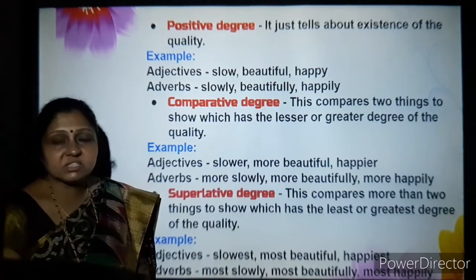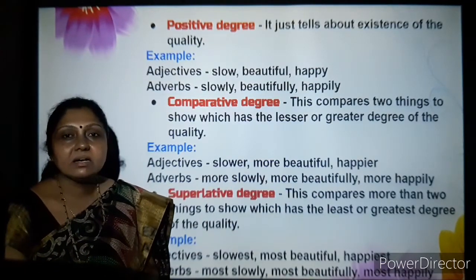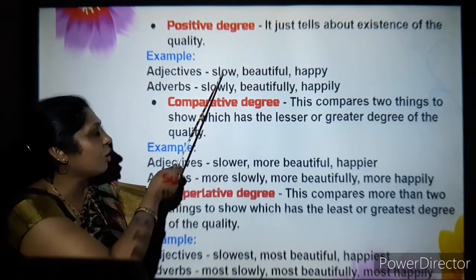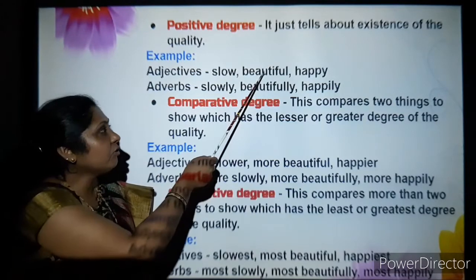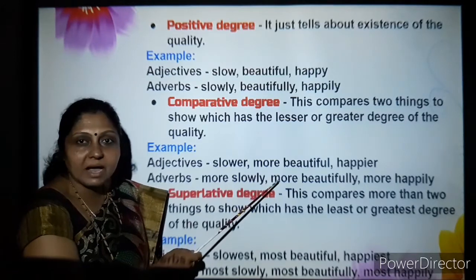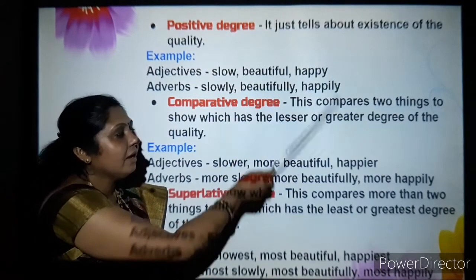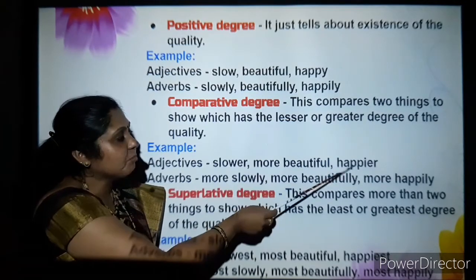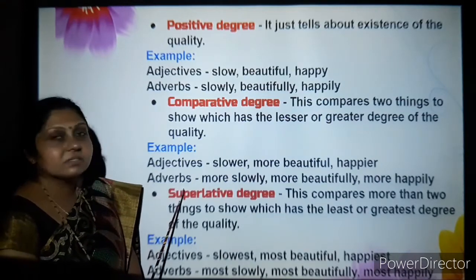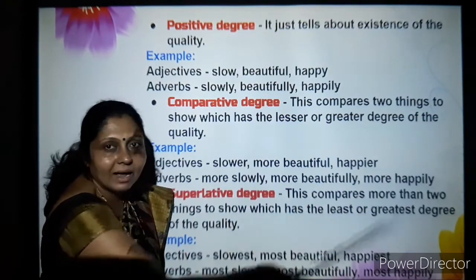One thing you have to see here is that some adjectives cannot be directly changed in form. For example, slow, slower. Beautiful, you cannot put it in this form, so we add more: more beautiful. Next, happy, happier. This is the comparative form of the quality happy. Adverbs: more slowly, more beautifully, more happily.